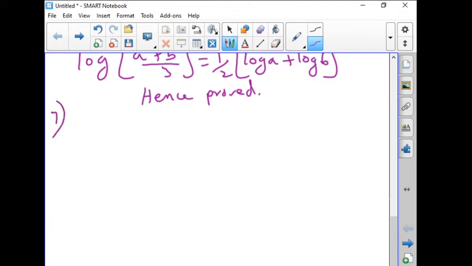So seventh question we will do it now. So seventh question is prove that. So we'll take the left hand side first.